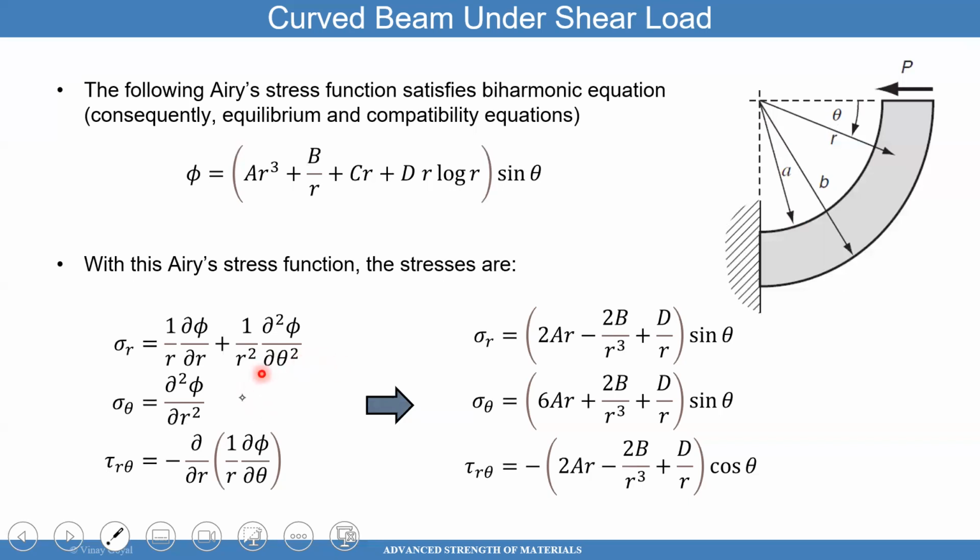Okay, so when I do that, I get the stress components to be this. And how many unknown coefficients do I have? A, B, and D. How do I calculate those A, B, and D? Boundary conditions. I also have C, but C does not show up.